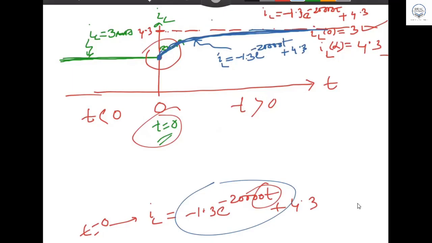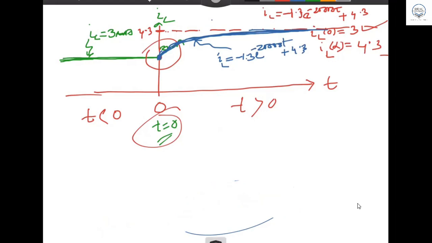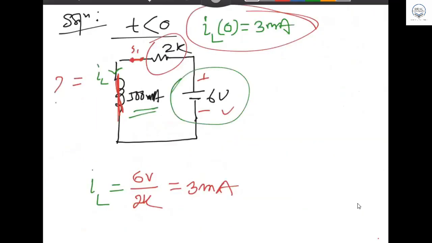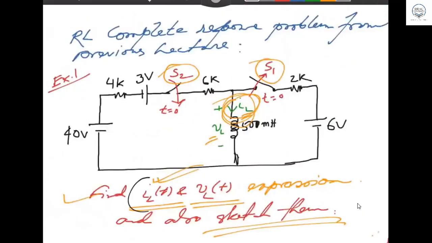Now, if I ask you to go for VL, you can straight away draw the VL from this IL. You don't need to do any calculation, because the question said you have to find IL and VL and then sketch them.